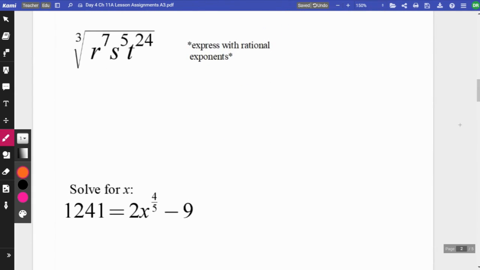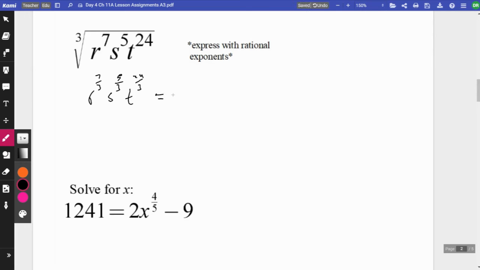Similarly, we could express this all as rational exponents. This is just going backwards again. So we could just see what we got. Remember, the exponent is the numerator, and the index of the radical is the denominator for each of these. So r to the 7/3, s to the 5/3, t to the 24/3.